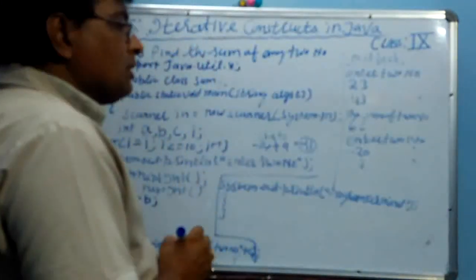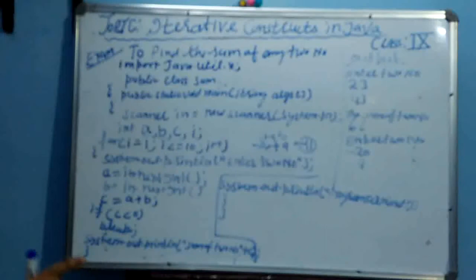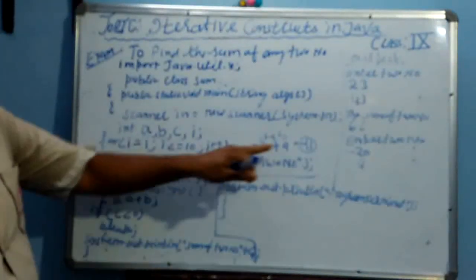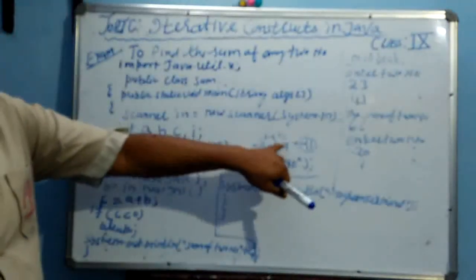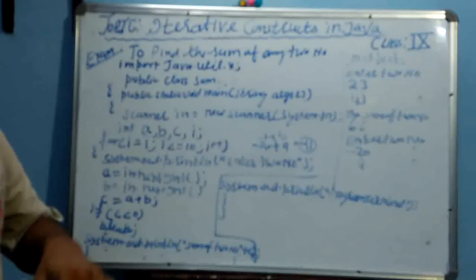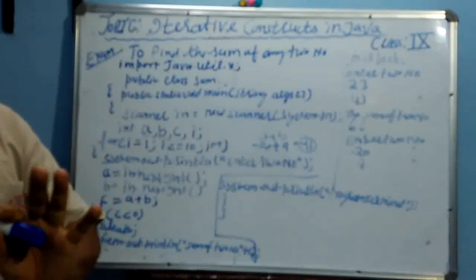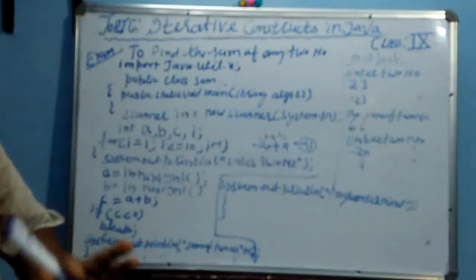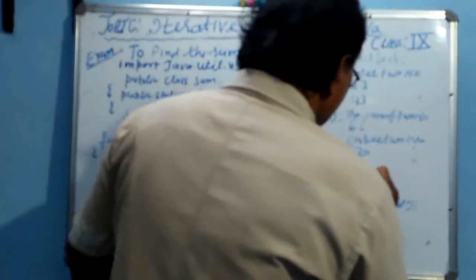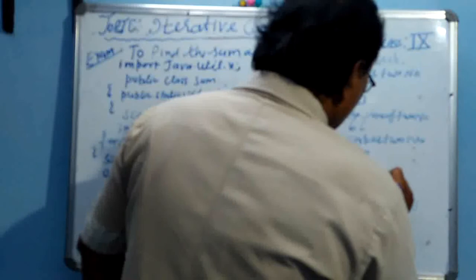But the question says if the value of c is less than 0, then it will not print the sum of that digit. It will write the message program terminate.